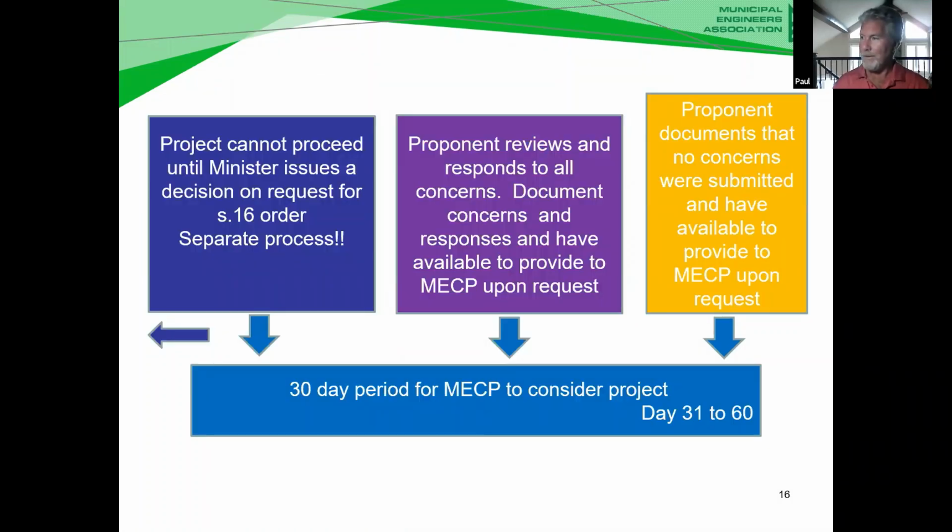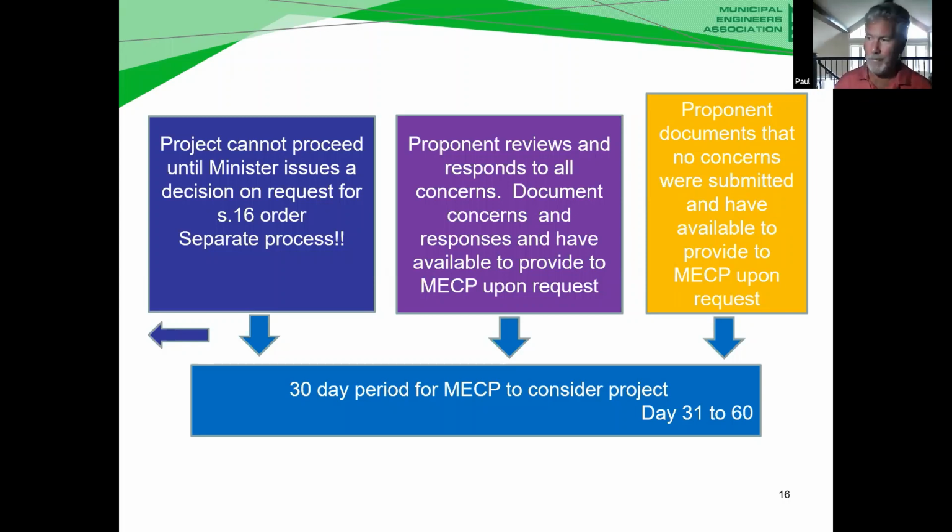So whichever of these categories you're in, or you could be in both, you could have both a section 16 order and other concerns. You could have both things. What's new in this legislation is there's another new 30-day period. So this is from day 31 to 60.